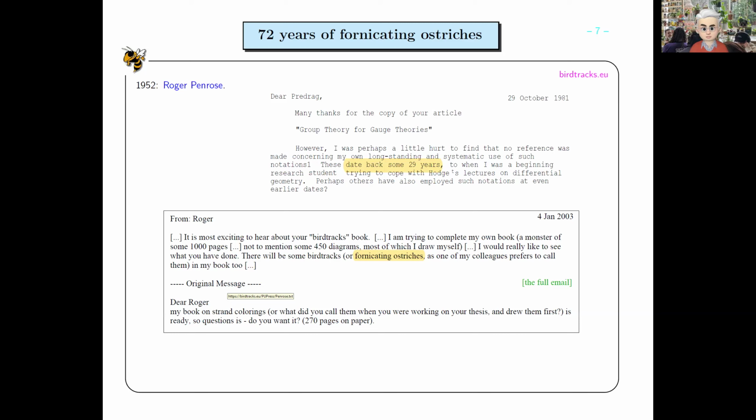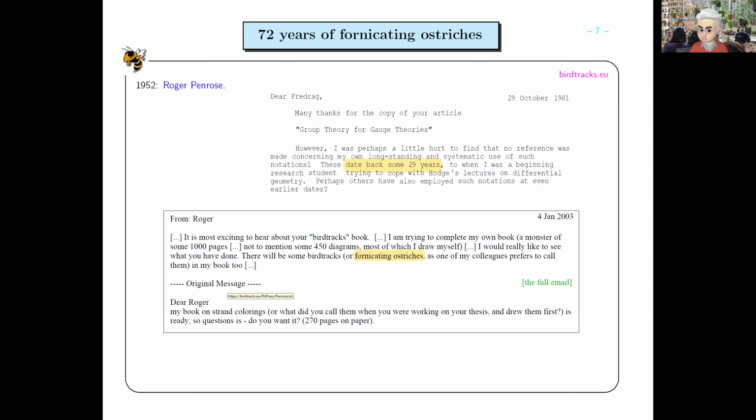So I sent him a preprint of my article, and a letter came back, and it turns out he was hurt, because when he was 5 years old and not yet in grade school, and his mother was too poor to have him in a kindergarten, so she just left him sitting in the apartment, Roger was only using this notation. And it's true. I'll show you a few examples.